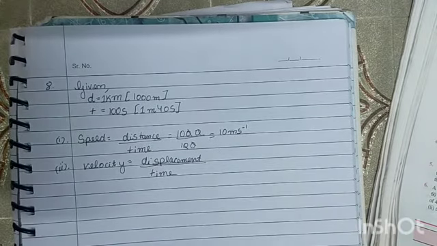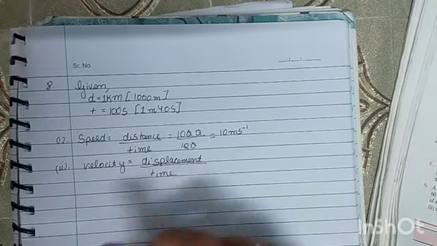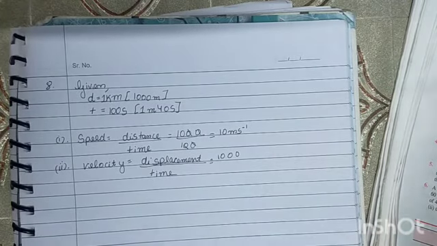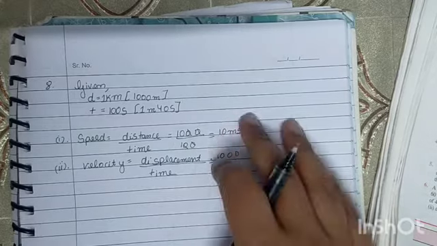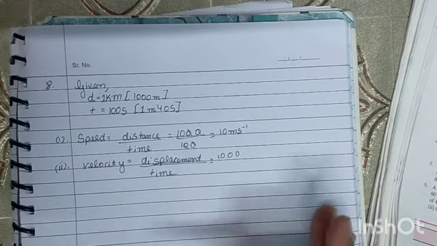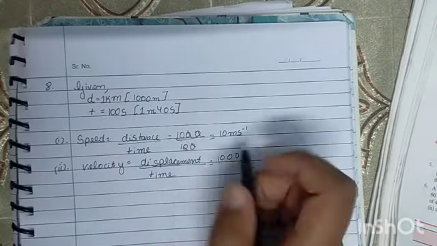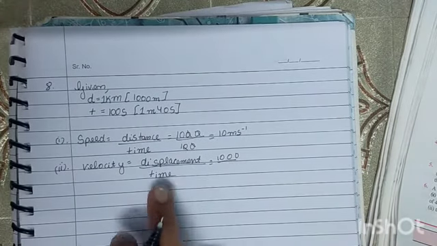So displacement is also 1000. If displacement was given as 2000 in the numerical, you just have to write that it cannot happen, displacement cannot be more than the distance.